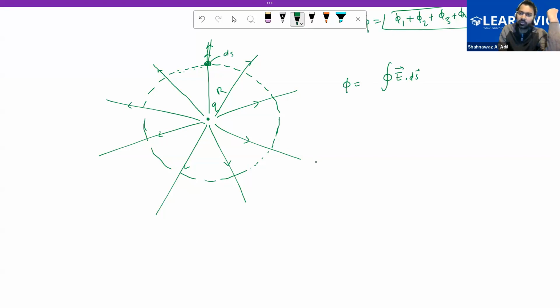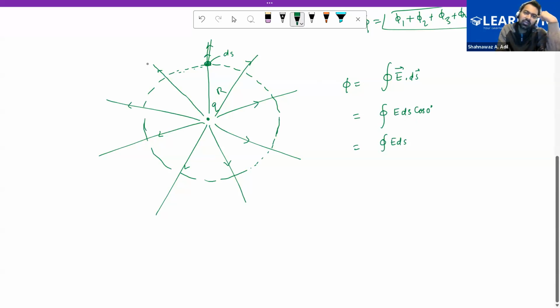Clear? Yes, sir. So now the angle between electric field and ds is what? That is 0, so this would be E ds cos 0, and cos 0 is 1, so this is simply E ds.